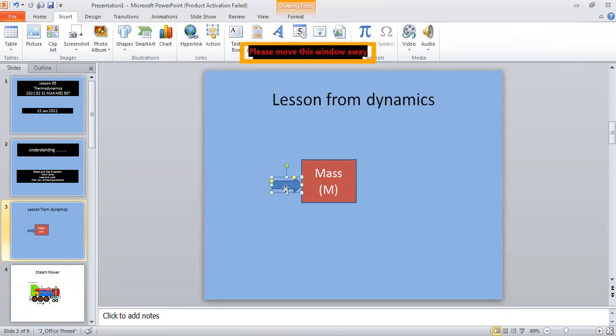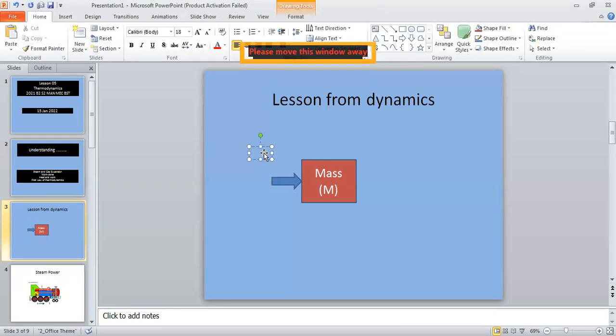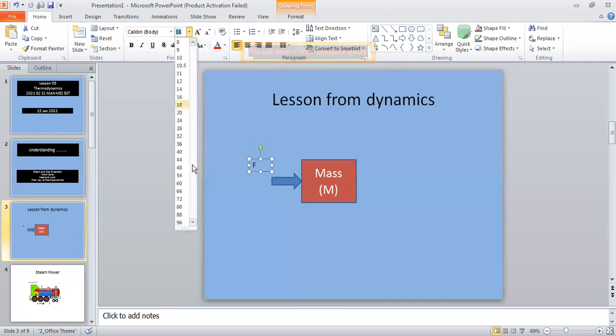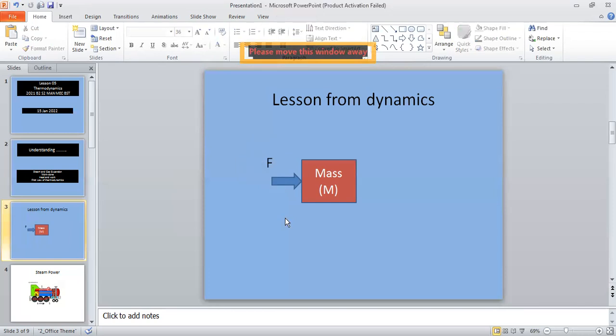This is the resultant force, and generally the force you denote by F. F is the force on the mass, the resultant force.